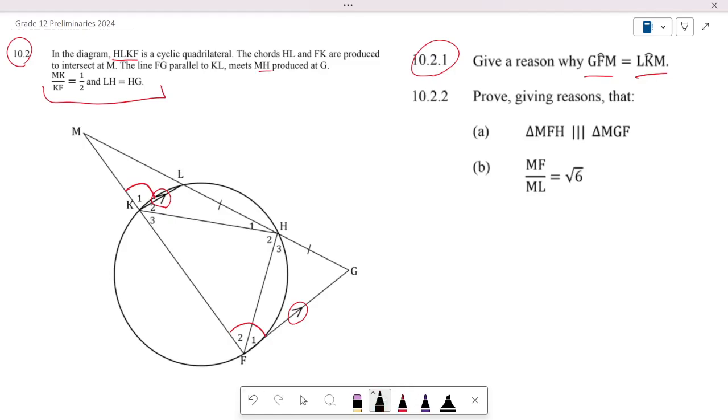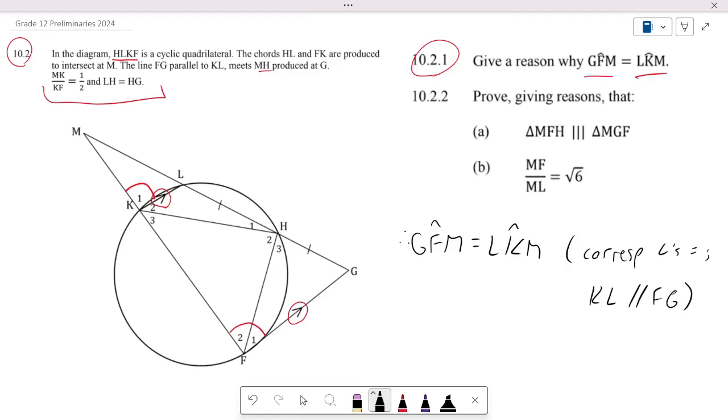So we're going to say that therefore angle GFM is equal to angle LKM because of corresponding angles are equal, because once again KL is going to be parallel to FG, and that is our reason for why those two angles are equal.